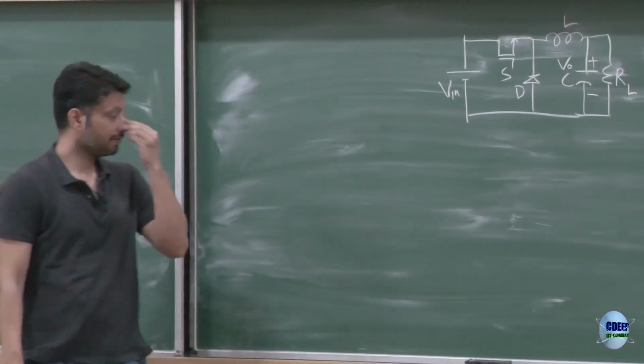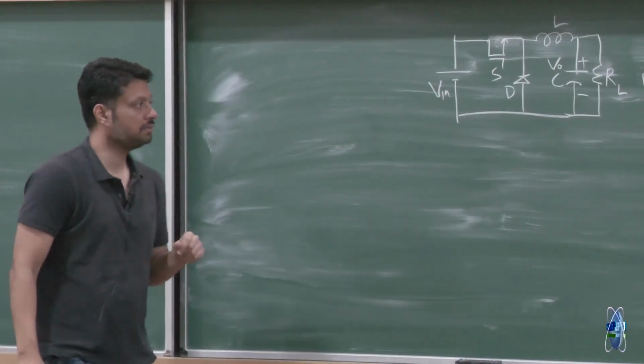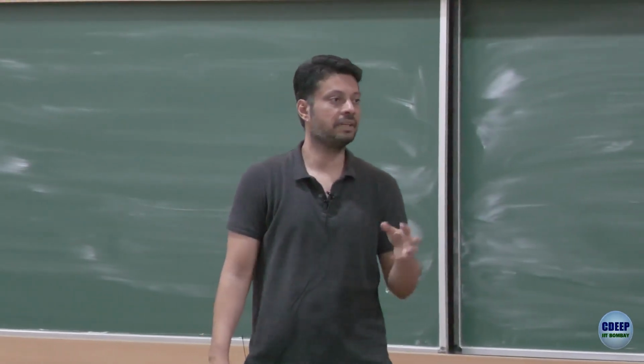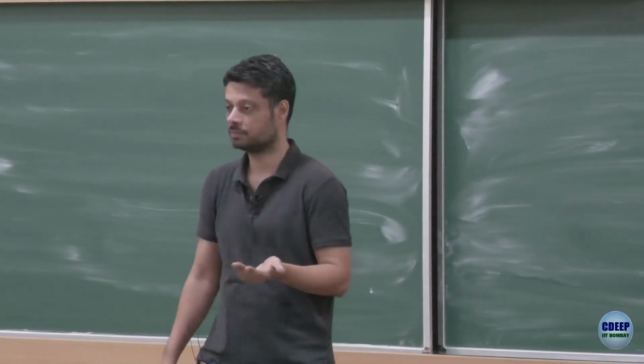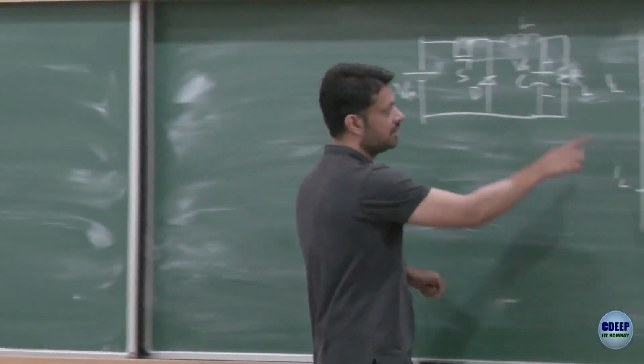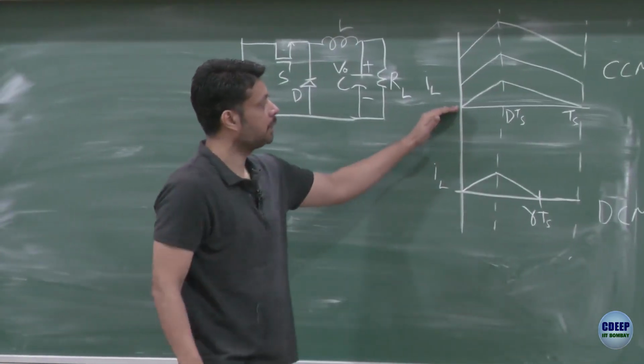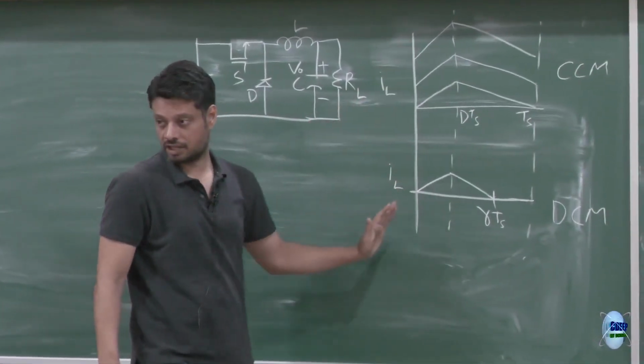Now the first thing we will do is derive a condition so that we can identify whether the converter is operating in CCM or in DCM. As you see, this is the limiting case, the boundary between continuous conduction mode and discontinuous conduction mode.